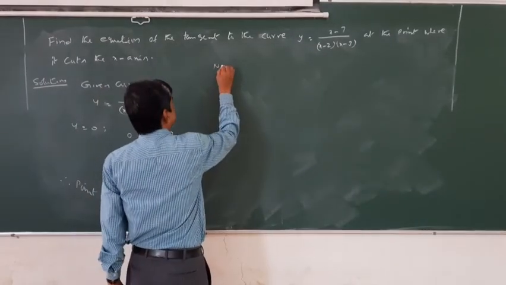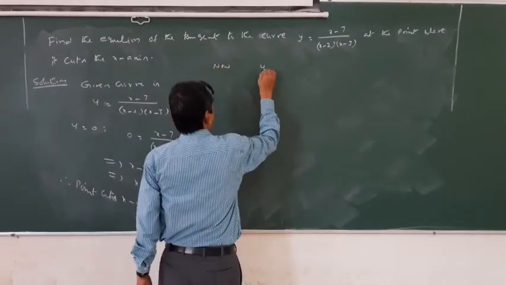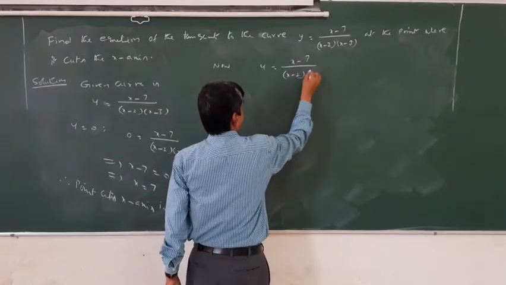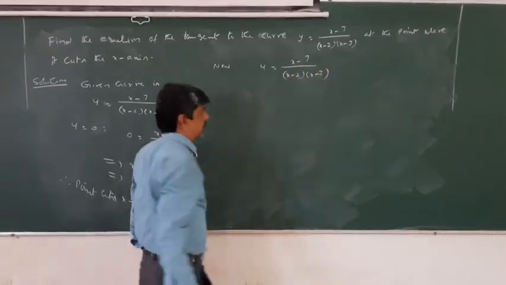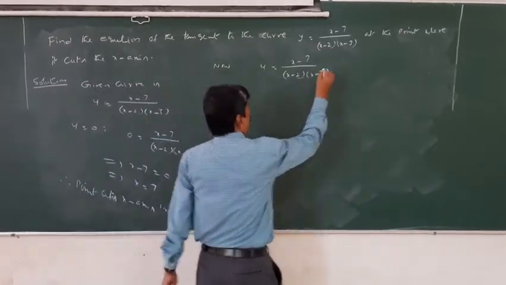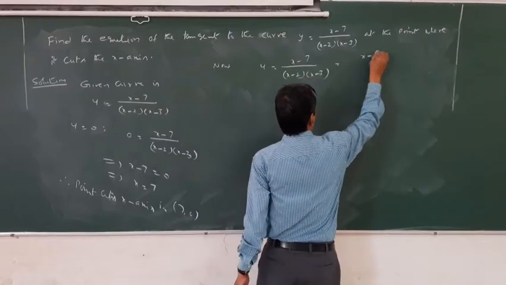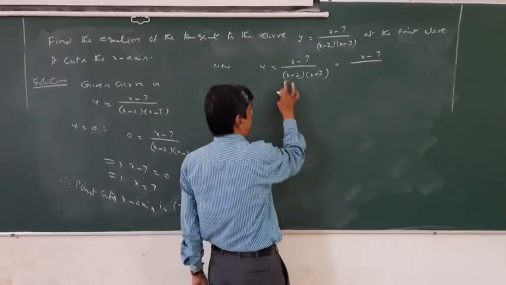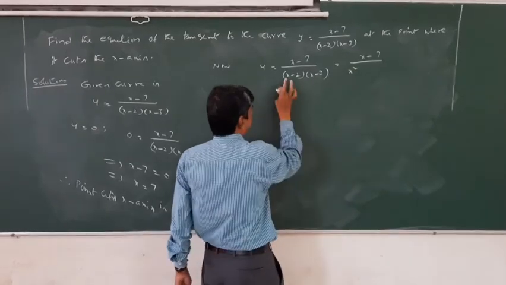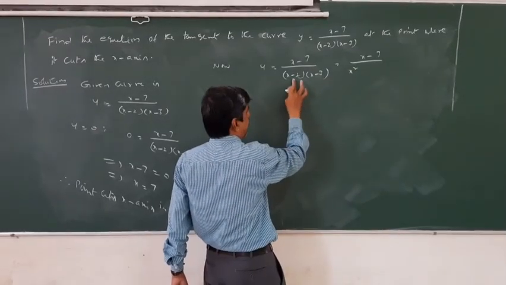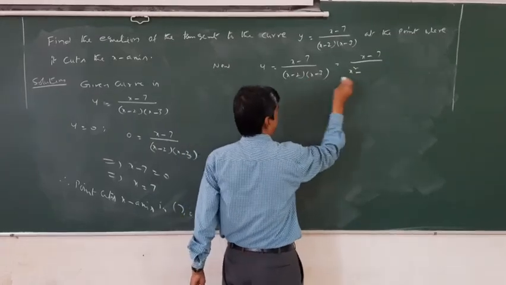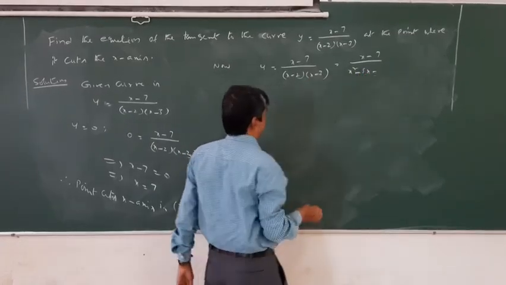Now, y = (x - 7) / ((x - 2)(x - 3)). Let us simplify this. (x - 2)(x - 3): x into x is x square, x into minus 3 is minus 3x, minus 2 into x is minus 2x, so minus 3x minus 2x is minus 5x.